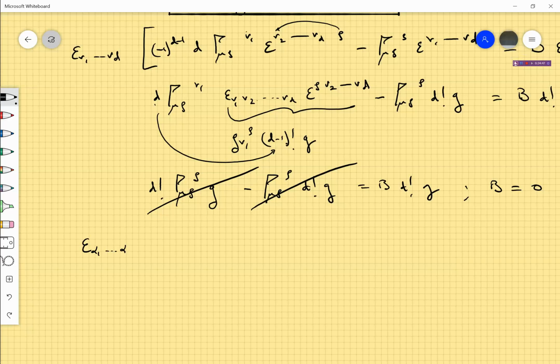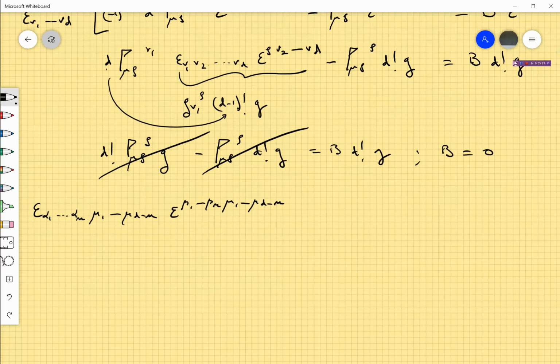So suppose that I only contract d minus n. Okay, let me call it something else. An epsilon beta 1 beta n mu 1 mu d minus n.